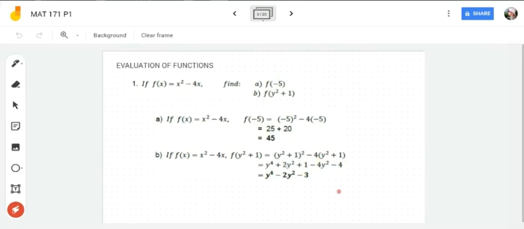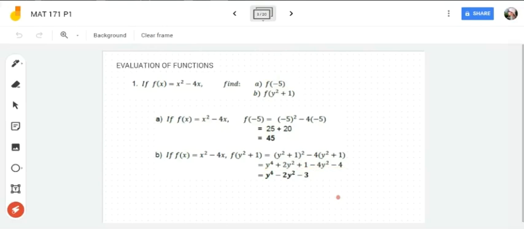Getting the quantity y squared plus 1 squared, that will become y to the fourth plus 2y squared plus 1. Then distribute the 4 to the y squared and 1. So minus 4y squared, and negative 4 multiplied by positive 1, so minus 4. That will become y raised to 4 plus 2y squared plus 1 minus 4y squared minus 4.